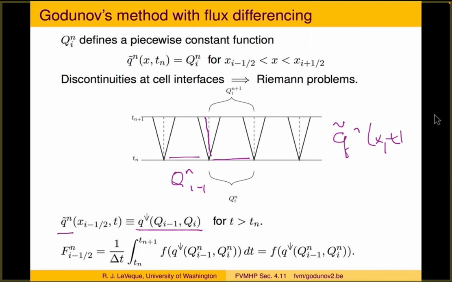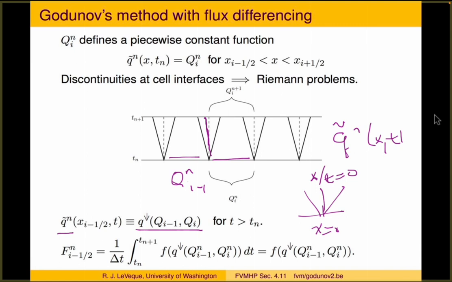Once we put them all together, that function is constant along this cell edge, and its constant value is the value of Q that comes out of this Riemann solution. It's the value that lies along the line x over t equals 0: if you solve a Riemann problem at x equals 0 and you have waves coming out, then x over t equals 0 corresponds to the interface here.